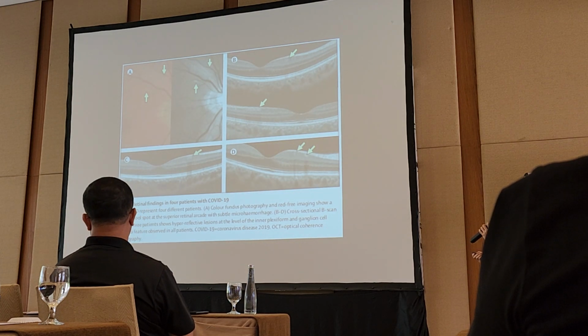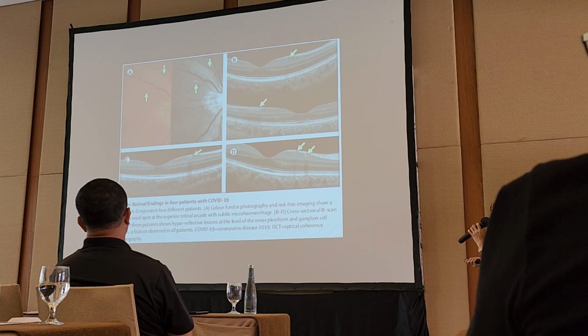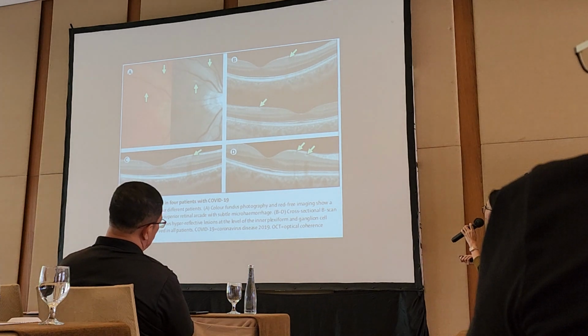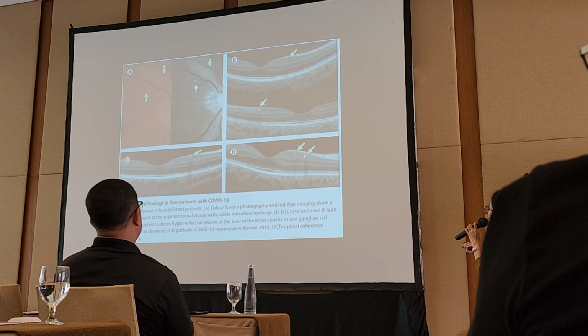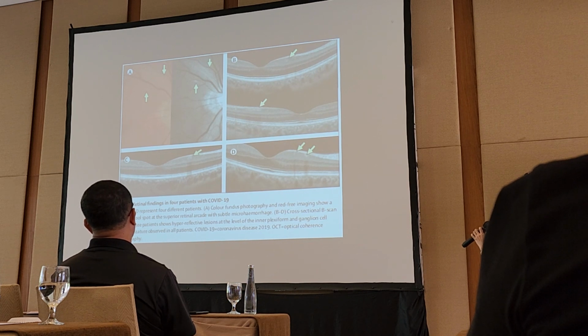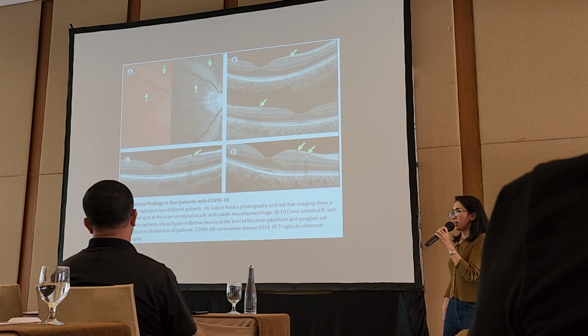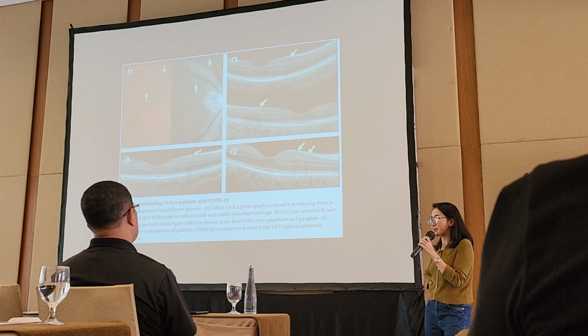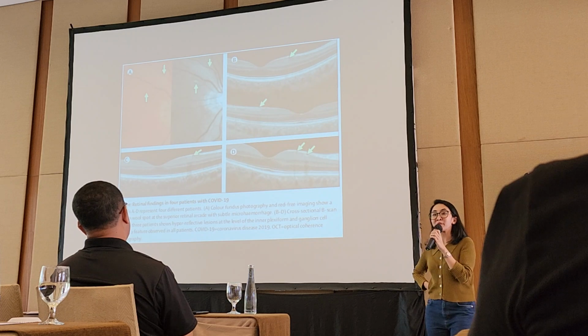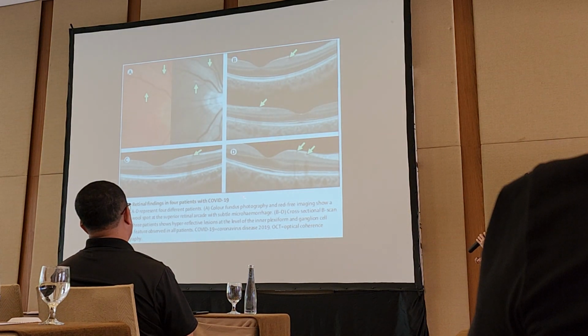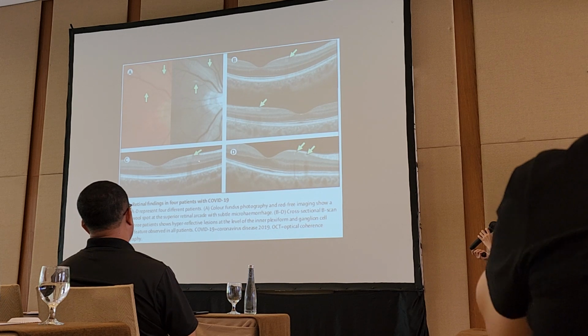Okay, this was also an interesting finding that we saw during the COVID pandemic, where on the cross-sectional B scan, there are hyperreflective flashes over here. And we call it PAMM. I suddenly don't remember what PAMM stands for. It's posterior acute middle maculopathy. Okay, it's mostly because of the vascular disease from COVID.